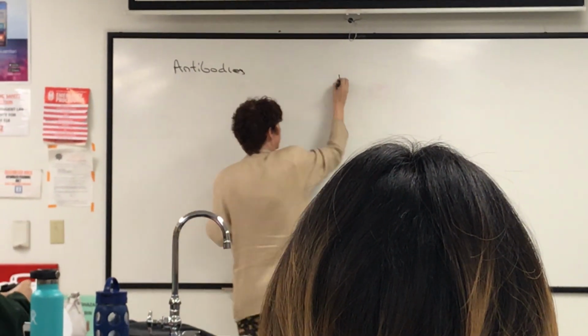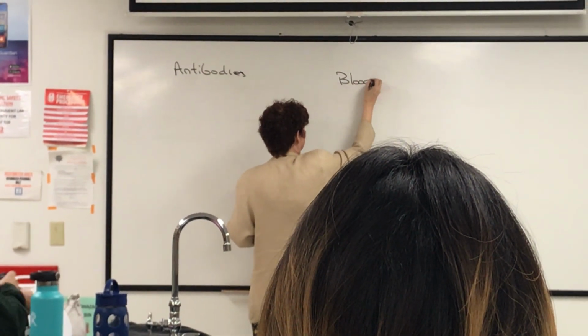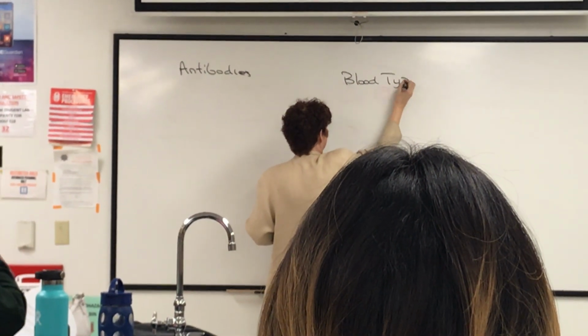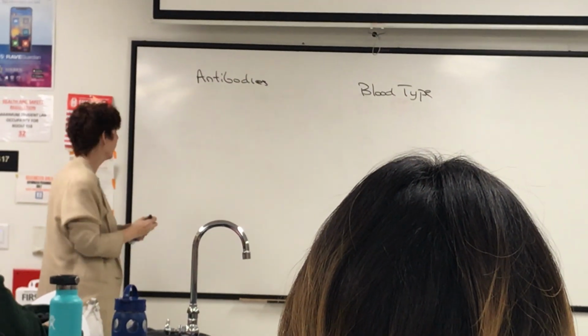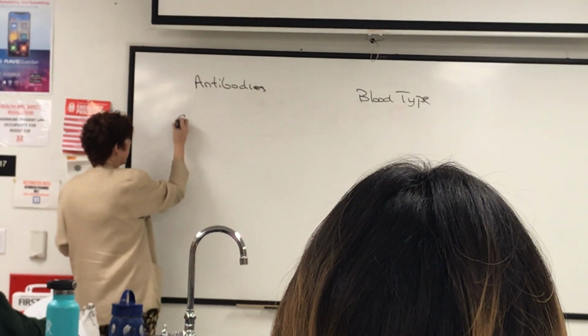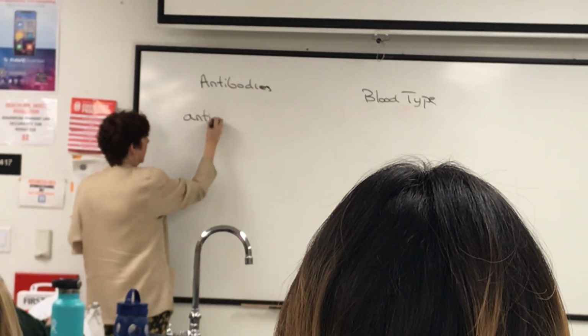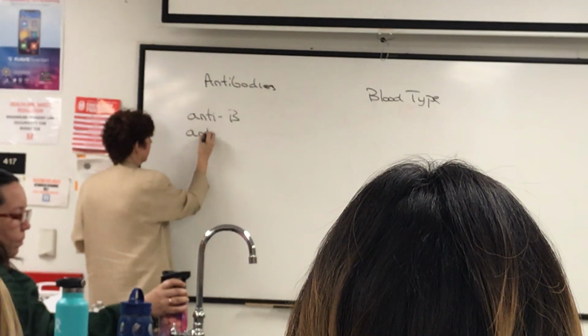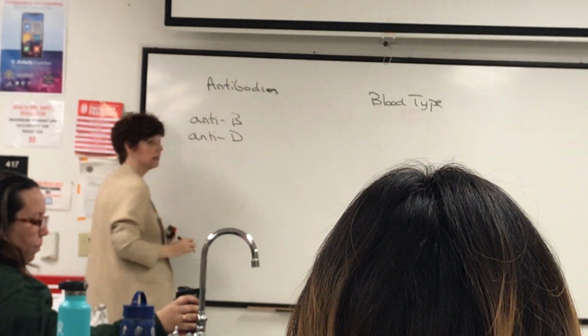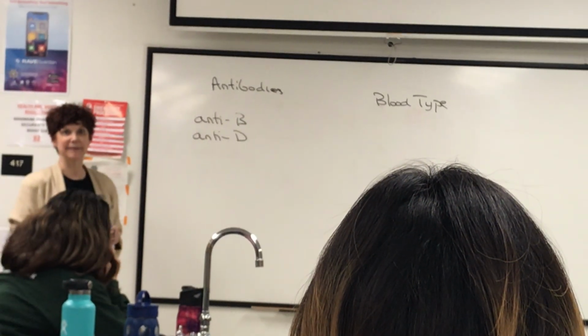Determine what the blood type is based on the presence or absence of antibodies, okay? So if we have antibodies against B, and we have antibodies against D, what would the blood type be?